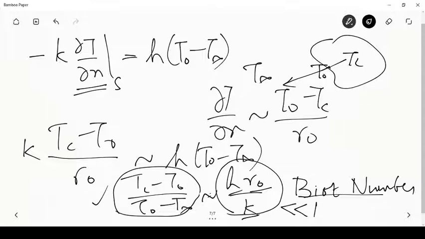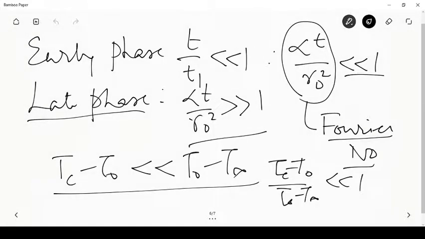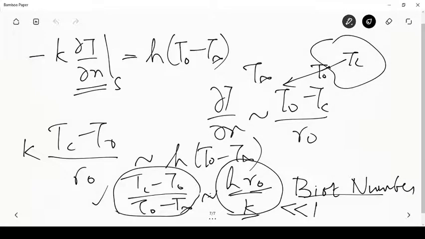So in order to apply the lumped capacitance method, not only do we need that the Fourier number be much greater than 1, but we also need that the Biot number is much less than 1. Right? So that is your requirement here.